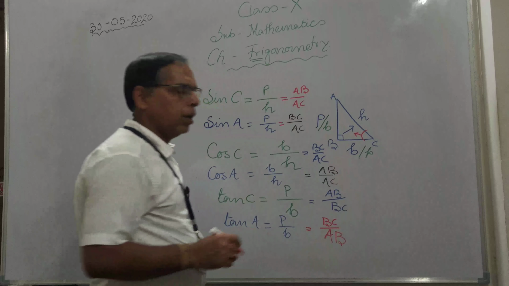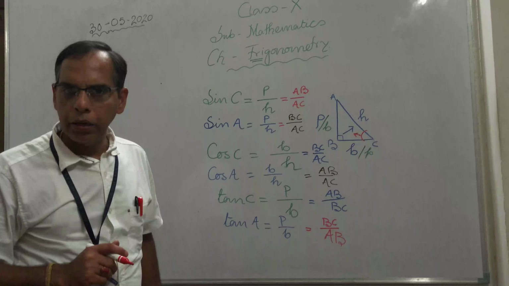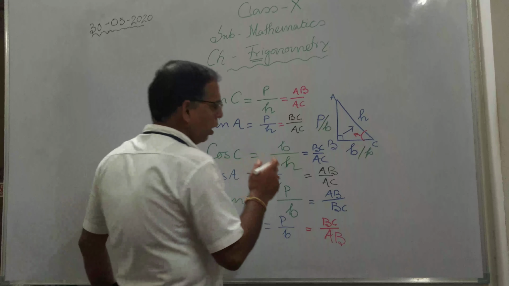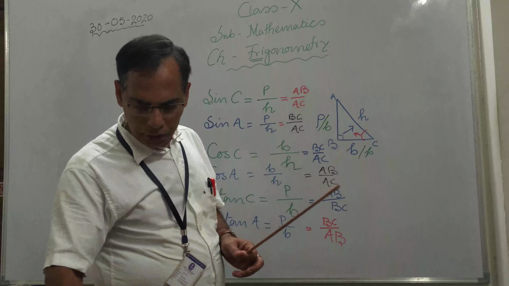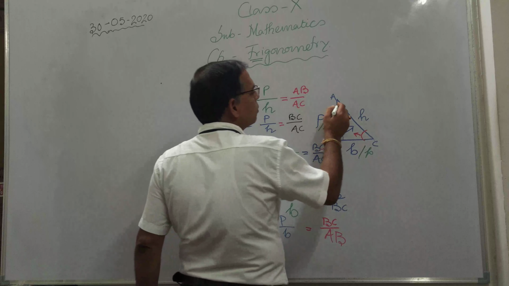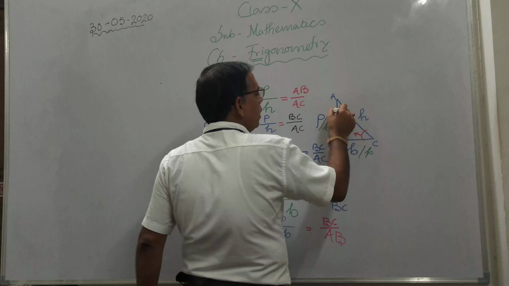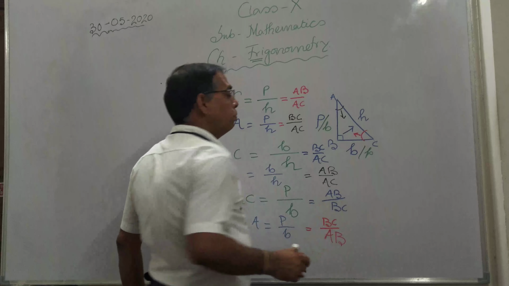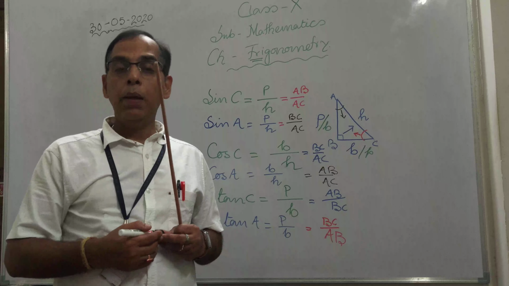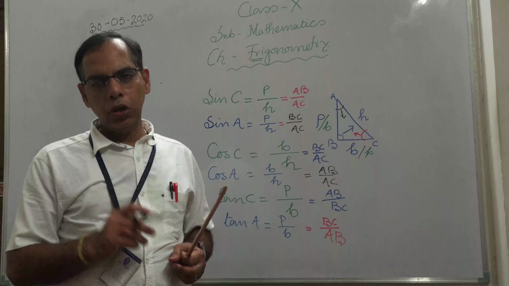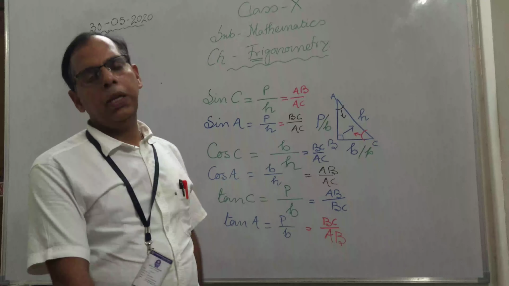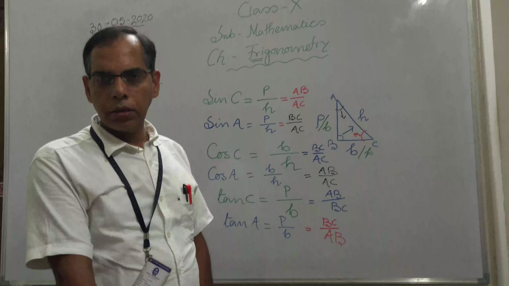So AB is your perpendicular and BC is your base. And when we have taken angle A, then BC is your perpendicular and AB is your base. And that's the reason for P/B, B/P. Got it?